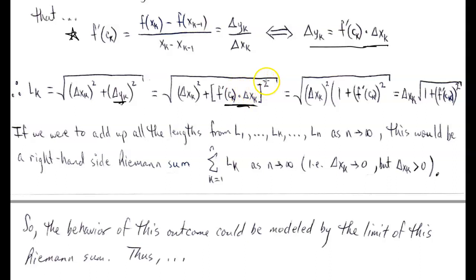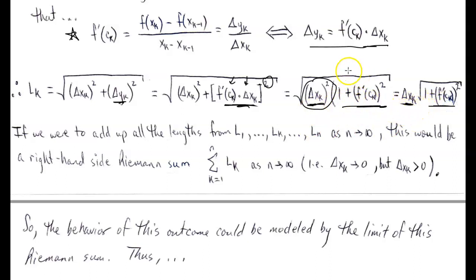And if I square both terms, I will have a common factor of the change in x sub k, quantity squared, that I'm going to factor out. Then, if I take the square root of this squared, that's just going to give me the change in x sub k. And what I'll have is the square root of what's left in here.